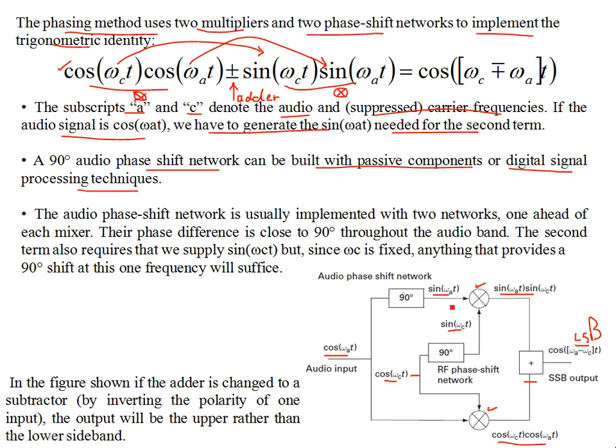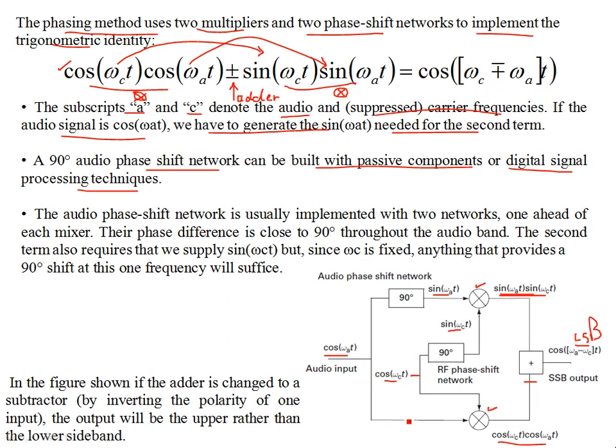So the upper mixer produces the second term with sines, not cosines. The audio signal is phase shifted by 90 degrees, so this is a sine term. The cosine is also phase shifted by 90 degrees, so this is another sine term. So the second term is realized as such.